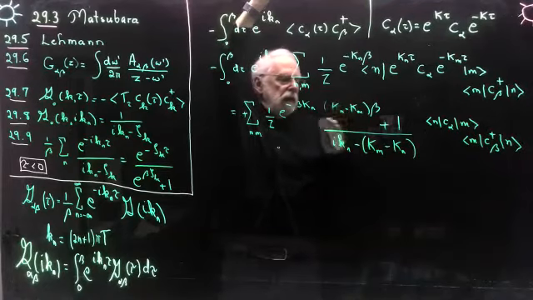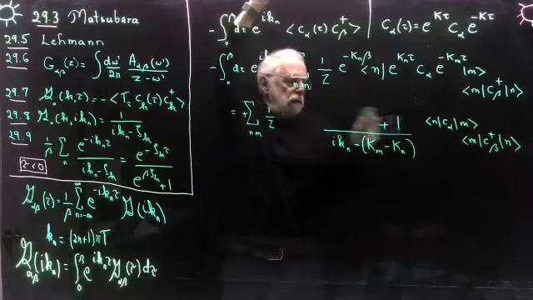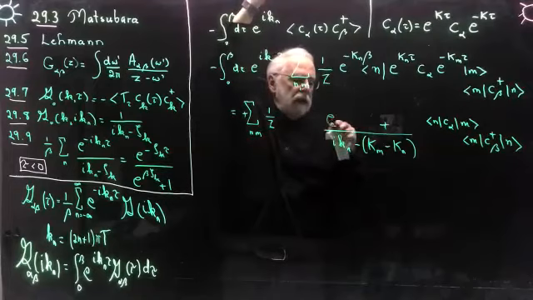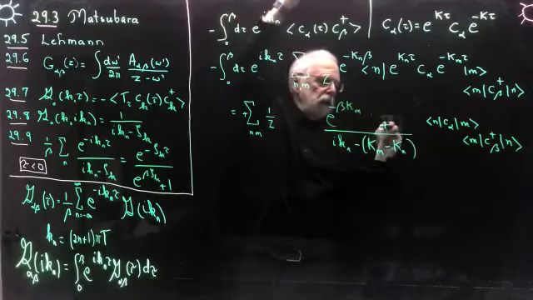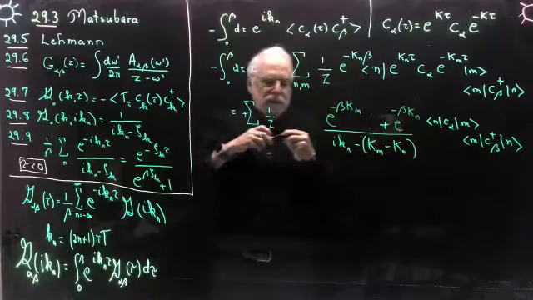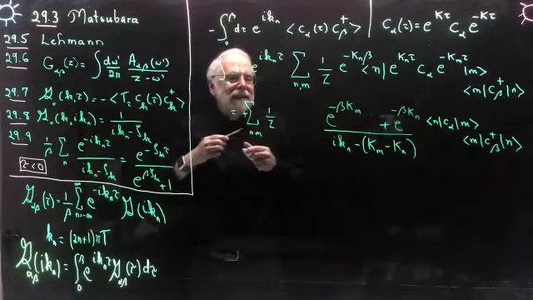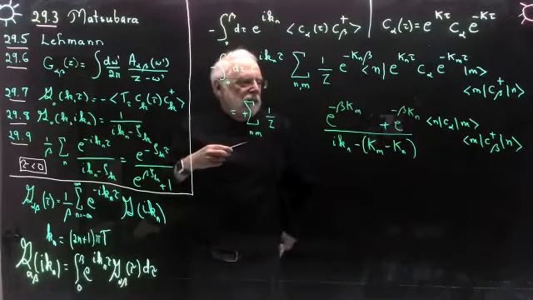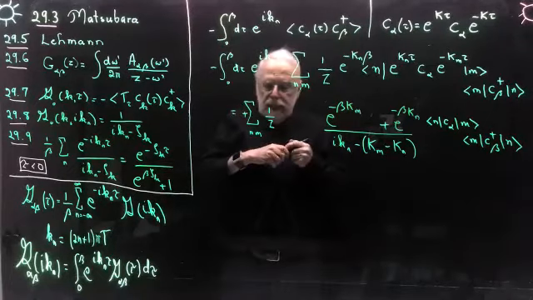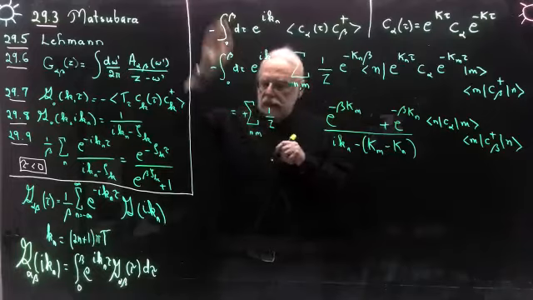So I have e to the minus beta K_m plus e to the minus beta K_n. Okay. Now you see that I can write this like this.